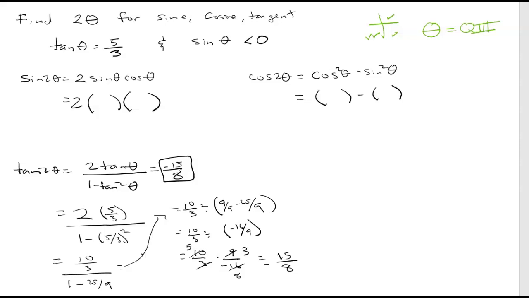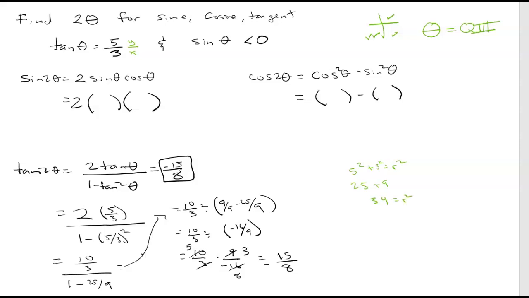So how do we figure out the rest? Well, I'm going to use my knowledge of what tangent is. Tangent is going to be y/x, so 5/3, sorry, I misspoke. So 5 squared plus 3 squared is equal to r squared. So 25 plus 9, that gives me 34.